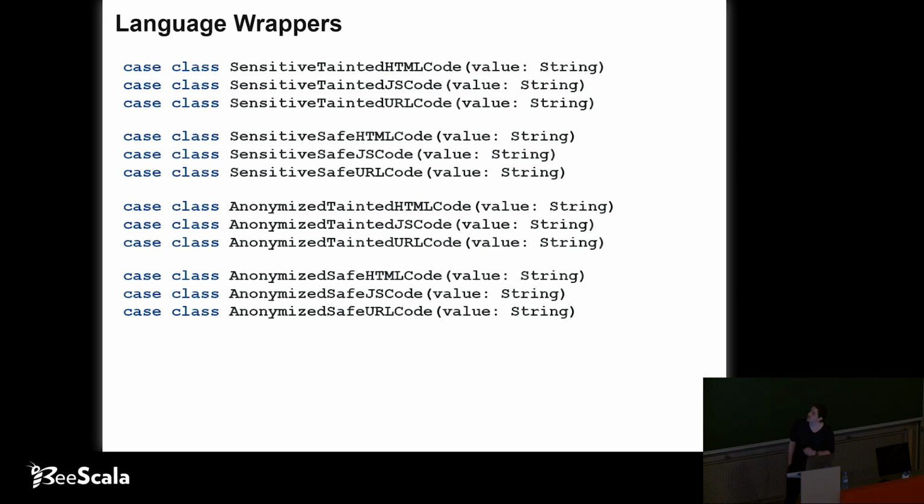So when we're saying something like sensitive, tainted HTML code, we're encoding 3 different facts into a single type. But from the compiler standpoint, it's a single concept. Each case class, each type is a distinct concept that the compiler can keep track of as one unit. It doesn't know anything about the separate 3 concepts of sensitivity, safety, and language. And so we hadn't communicated enough with the compiler, so we were not getting anything useful from it back.